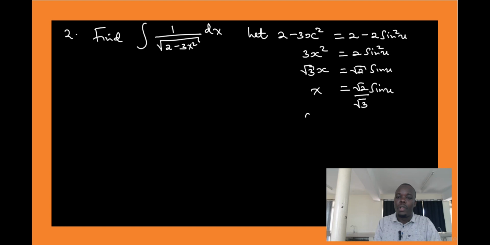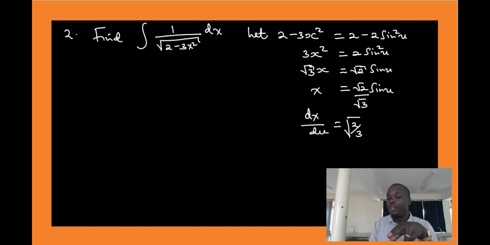And therefore dx du can now become, by the way, when you have a root on 2 and a root on 3, it's as good as writing a square root of 2 out of 3.